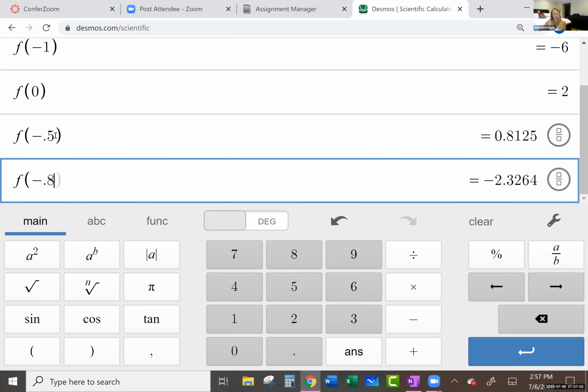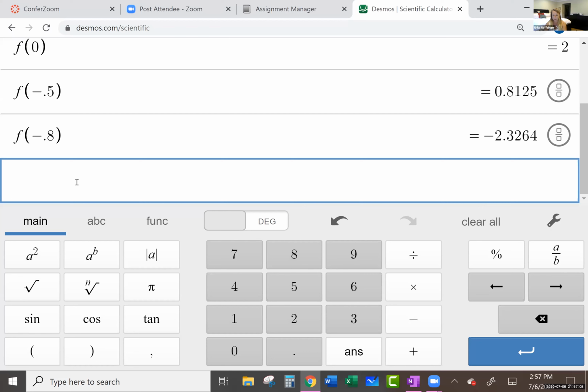And so we want to choose a number between -0.6 and -0.8. So what about -0.6? Okay, so -0.6 is positive. -0.8 is negative. So we know that it's between -0.6 and -0.8.